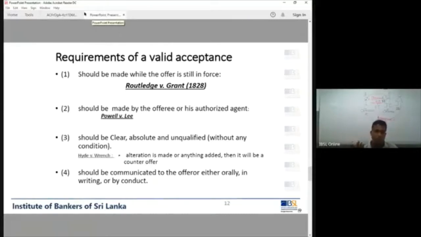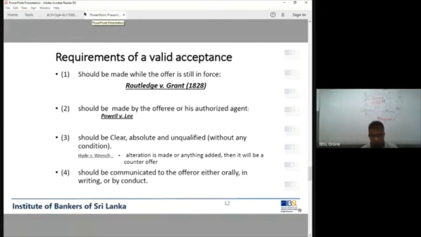If you find the cat, I will give you 100,000 rupees. So that is his offer. You don't have to communicate to him that you have accepted the offer, or write it. Now you can start searching for the cat. So that is by conduct, you have accepted the offer.